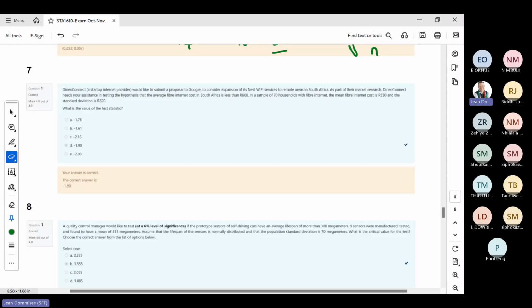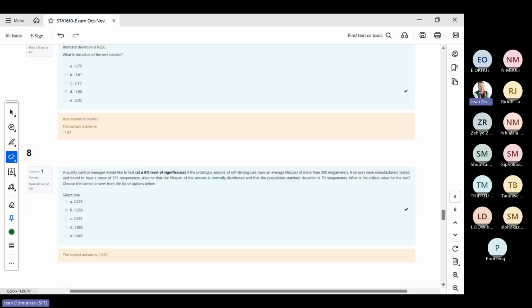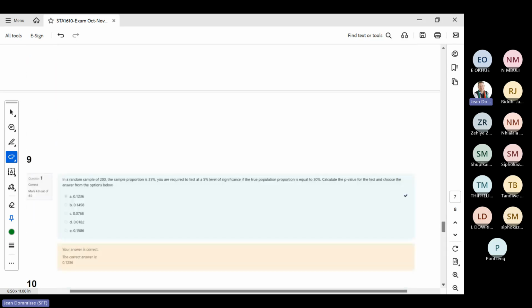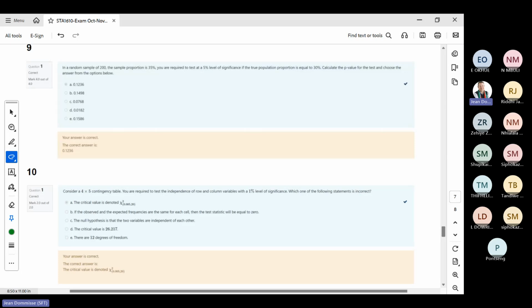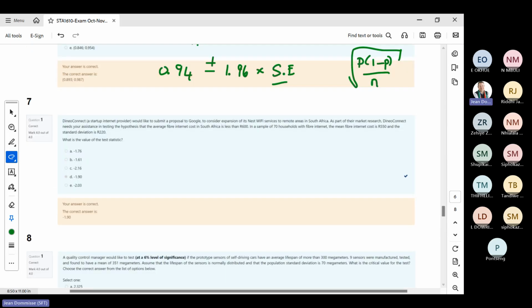Here, nowhere is the hypothesis given as H0 like it normally is. So let's read this one. And let's see if I can make it a bit bigger.